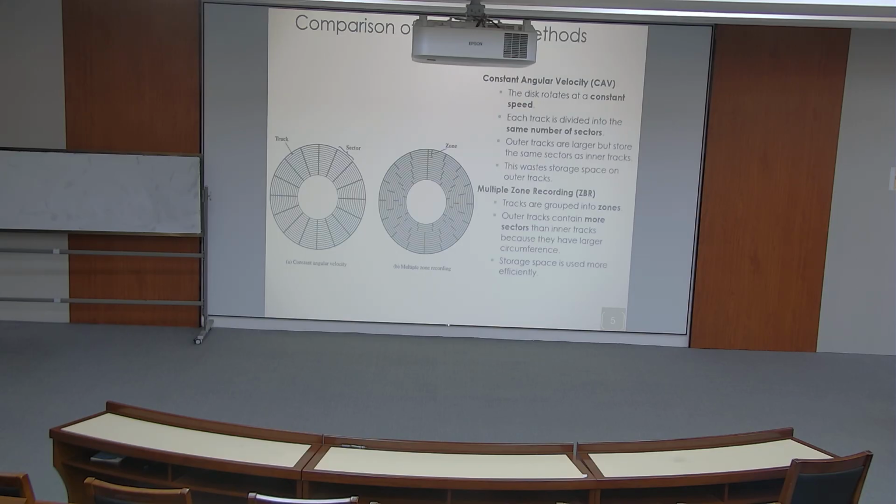But the main disadvantage of this disk layout method is that the outer track is bigger than the inner track, and they all include the same number of sectors. So because of that, there is a waste of storage space on the outer tracks.